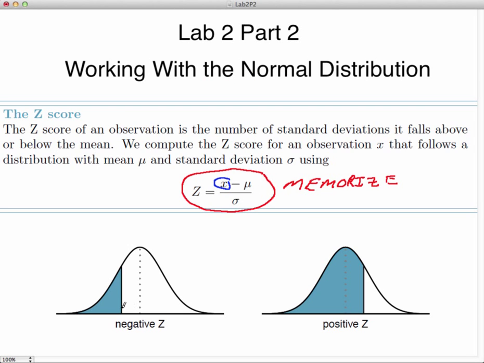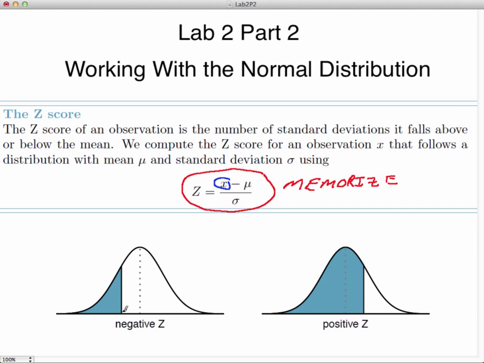So a couple of quick things down here. If we're working in this particular chapter on the normal distribution, think about z-scores as working independent of any distribution. It doesn't require a normal distribution to calculate a z-score. It still will give you the position above or below the mean in units of standard deviation.